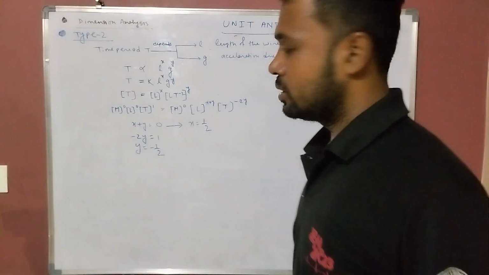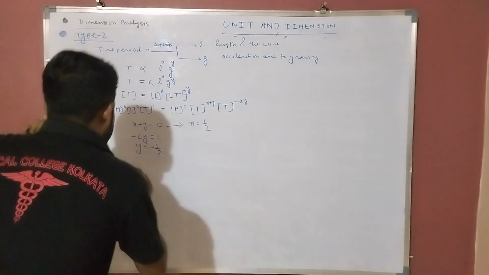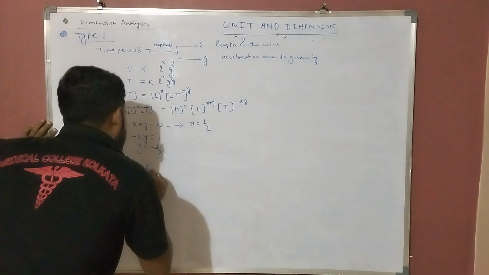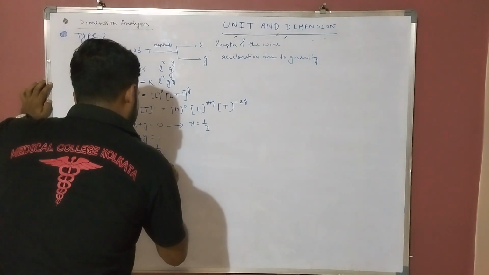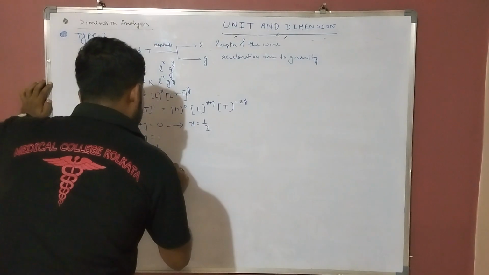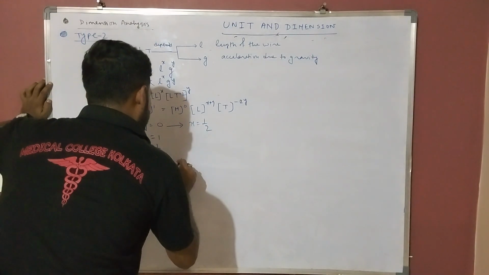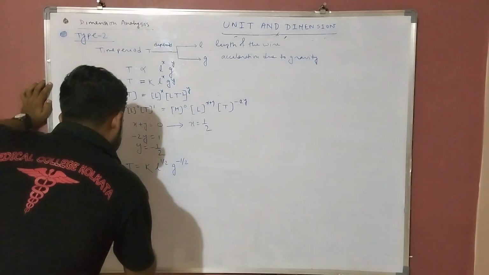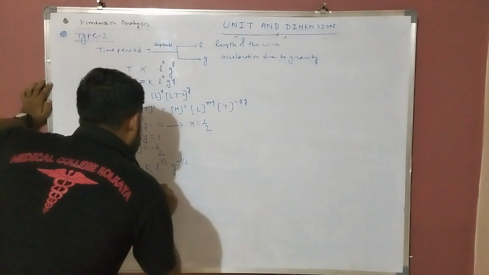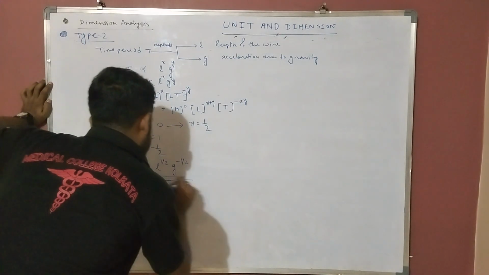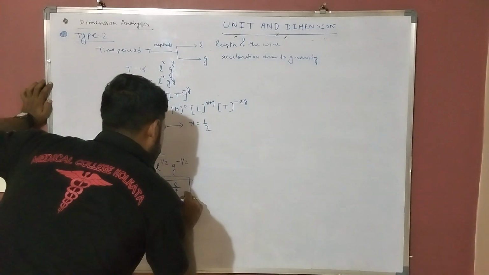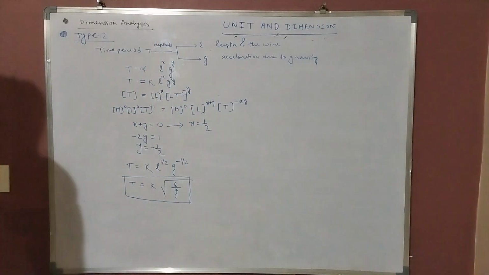Understood or not? So T is equal to K into L to the power X, which means L to the power half, and G to the power Y, which means G to the power minus half. So we can write this expression as root over of L by G. This is the mathematical expression of T. Understood or not?